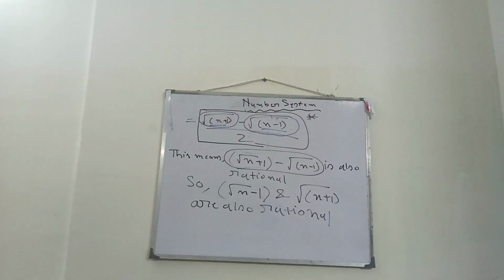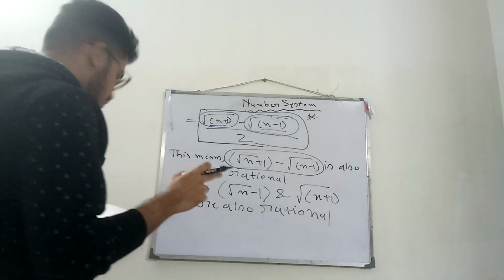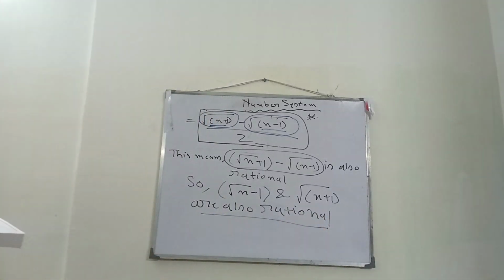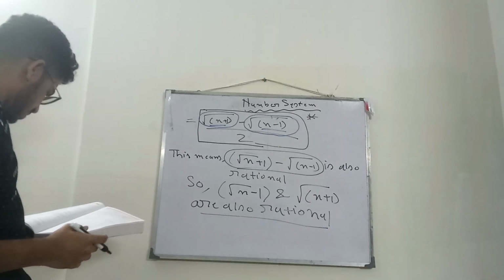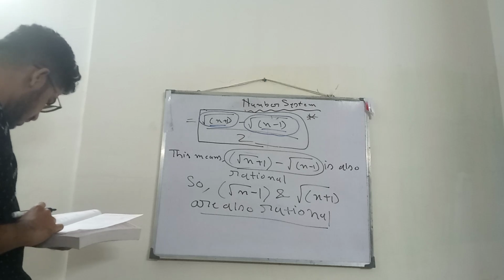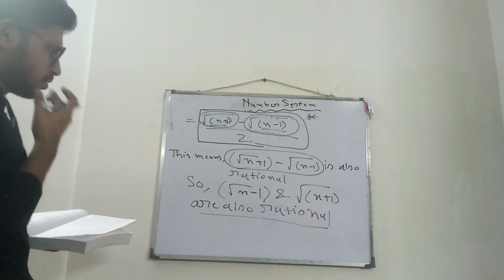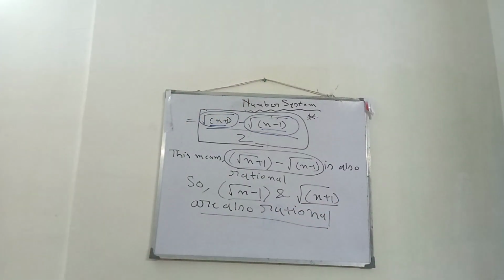They are also rational. But this is not possible, as any two perfect squares differ by at least 3. Hence there is no positive integer n such that root n is rational. So root n minus 1 and root n plus 1 are also rational.